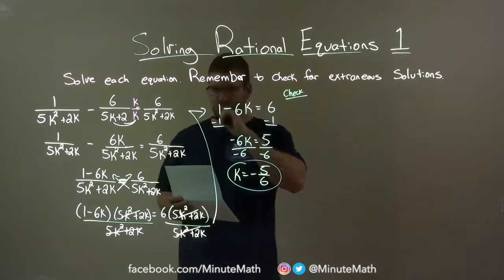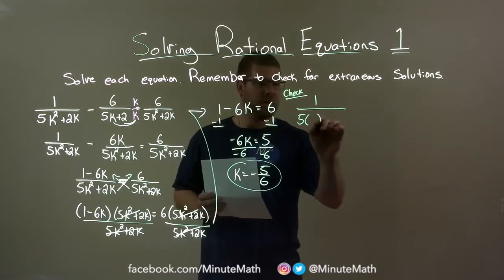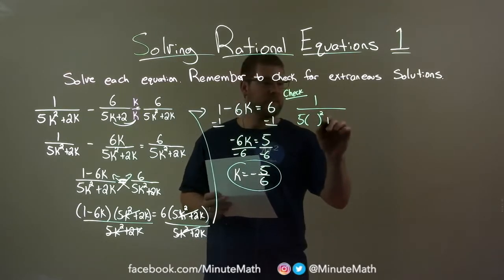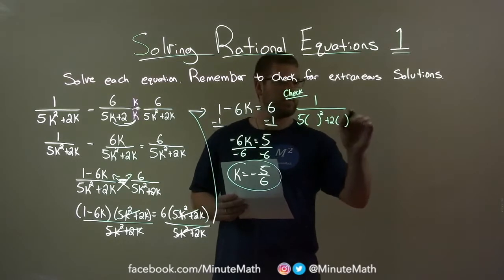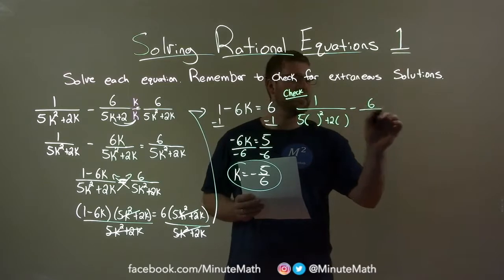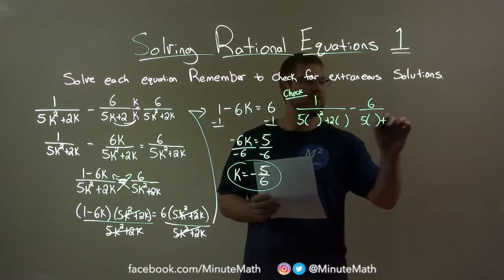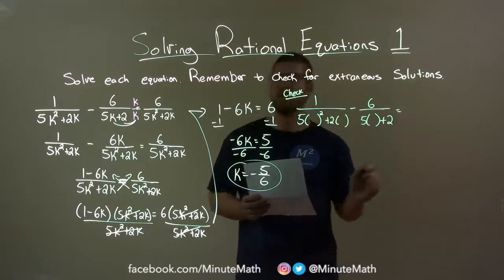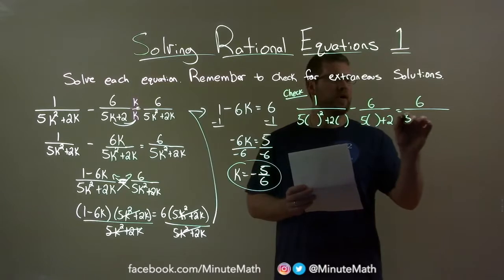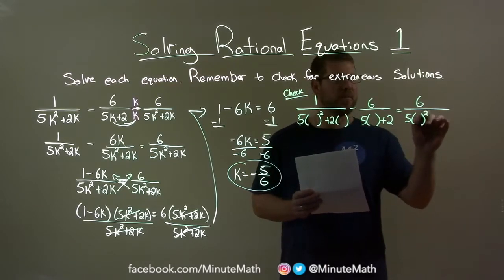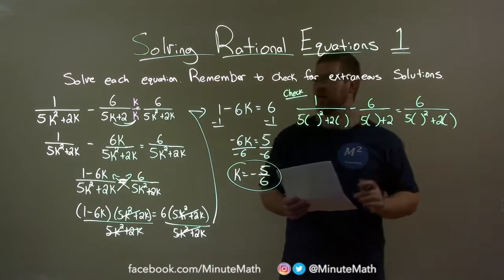So we have 1 over 5 times k, plus 2 times k, minus 6 over 5 times k, plus 2, equals 6 over 5 times k squared, plus 2 times that variable there.